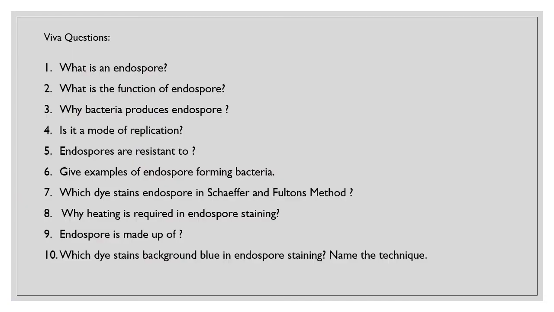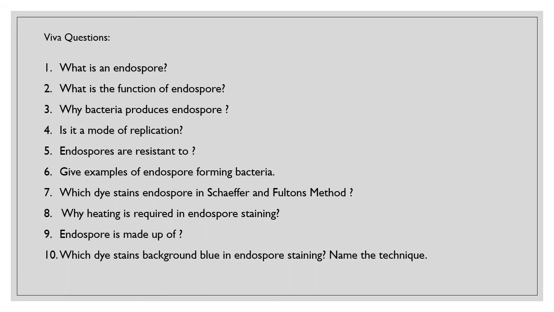Now we will see some viva questions. Very basic and common ones are: what is an endospore, what is the function of an endospore, and why do bacteria produce endospores? Another question you may get is whether it is a mode of replication, meaning is forming or developing an endospore considered a mode of replication?